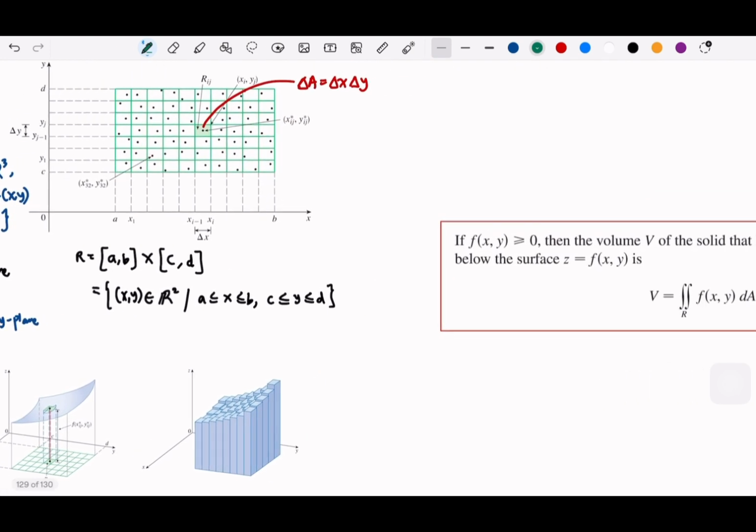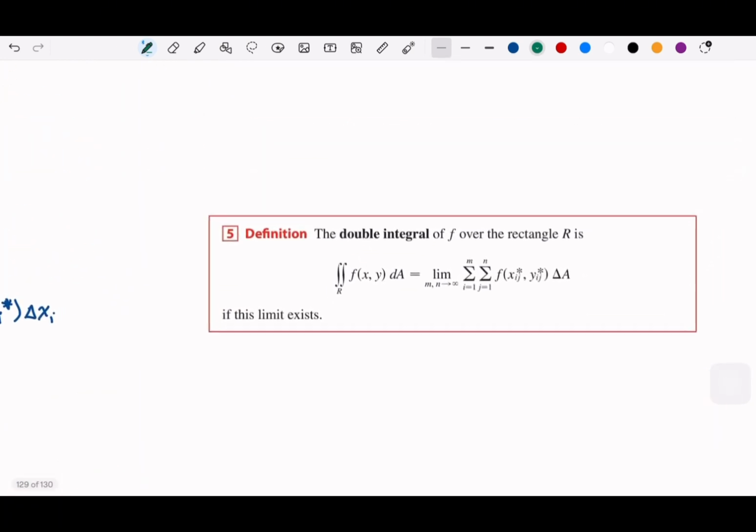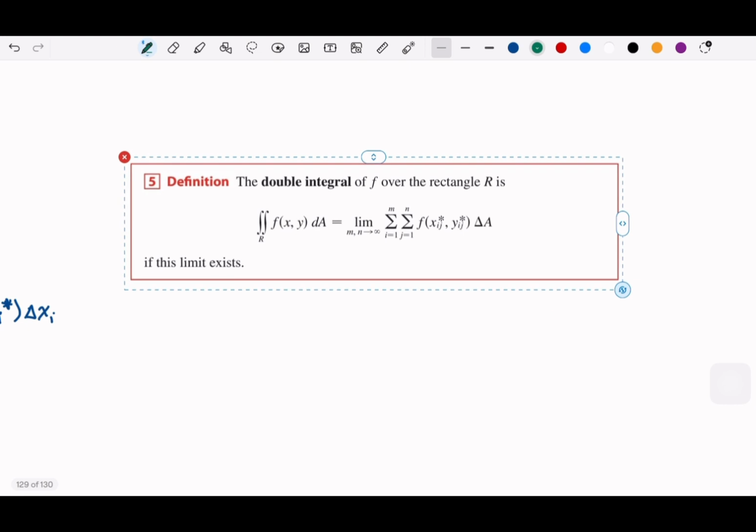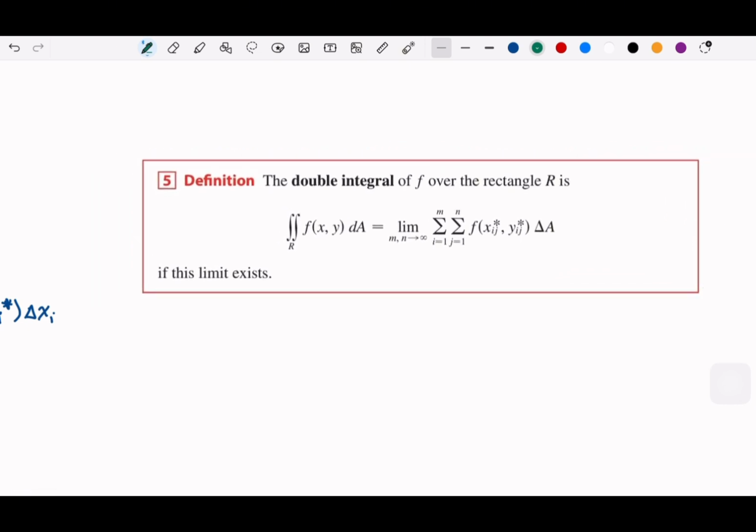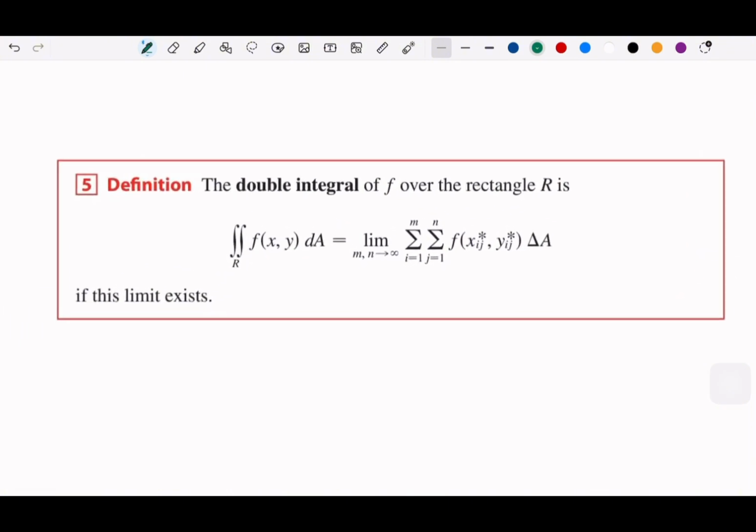So we have the double integral of f over the rectangle R, and simply you can write R first, because it can be any number, as long as it is going to represent the area. It's equal to the limit of this double sum. This is the height, and this is the area.